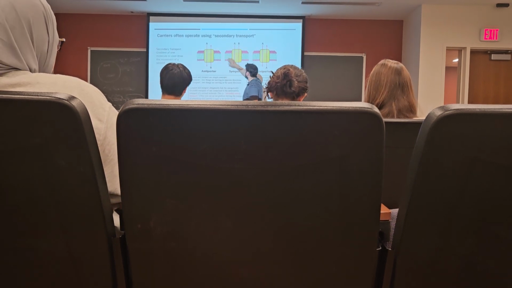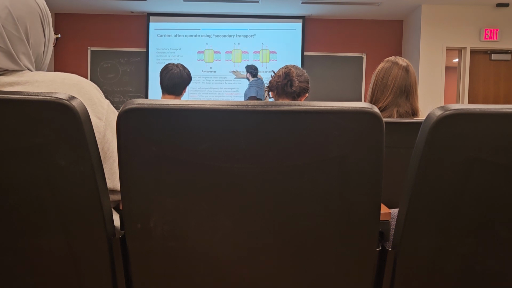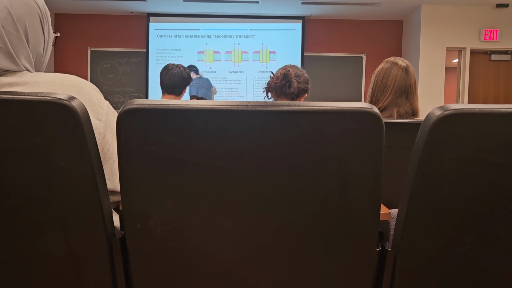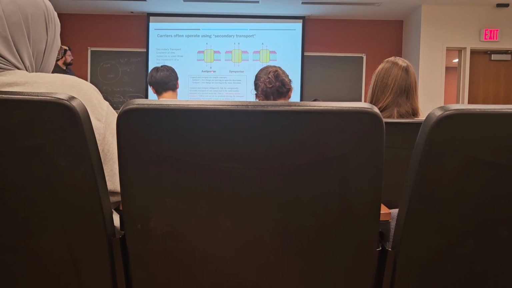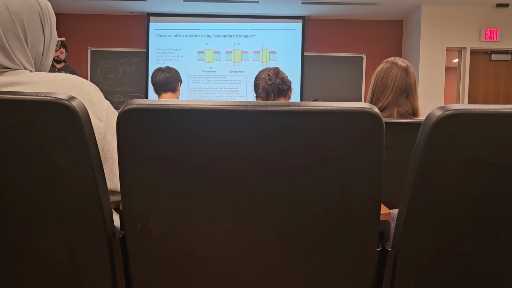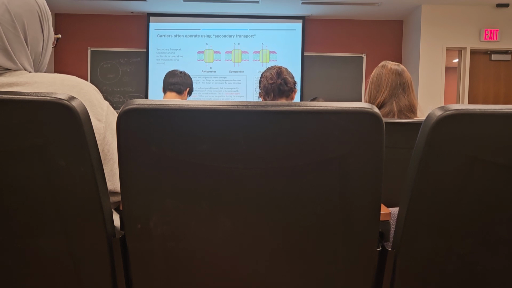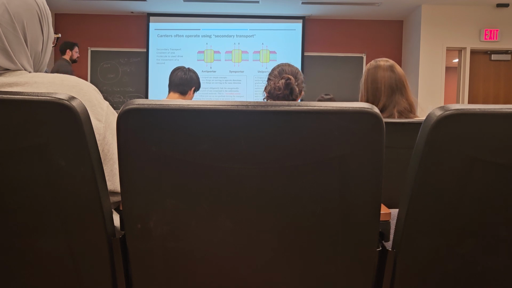So still we're using the energy of A moving down to move B against its concentration gradient. It just so happens that the concentration gradient of B is reversed between antiporters and symporters. Antiporters because they're moving in opposite directions, symporters because they're moving in the same direction. But the principle is the same. They're capturing energy of the concentration gradient of A to move B against its concentration gradient.